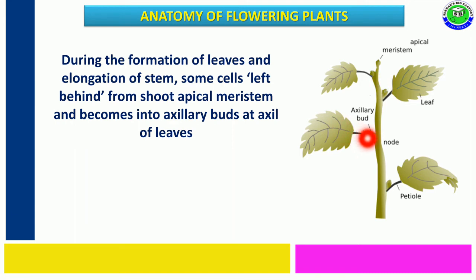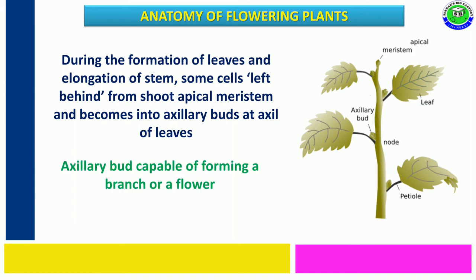The axil is the small angle present between the leaf and stem, and if this axil consists of a small bud with apical meristem, it is called an axillary bud.